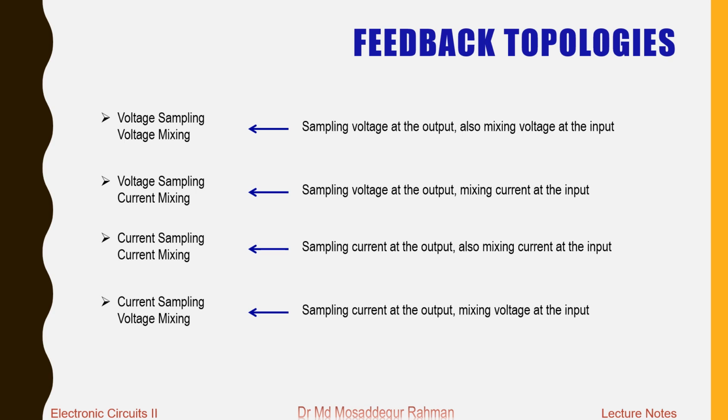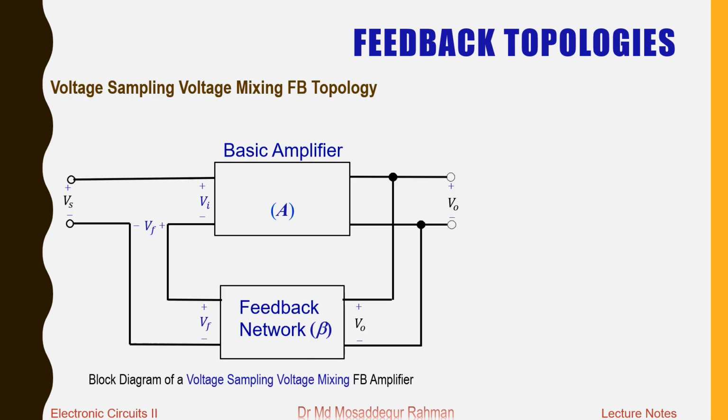So now we will see in some detail how we represent the different feedback topologies in a block diagram. This is the block diagram that shows the basic structure of voltage sampling, voltage mixing feedback topology.